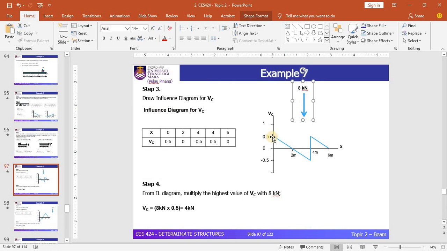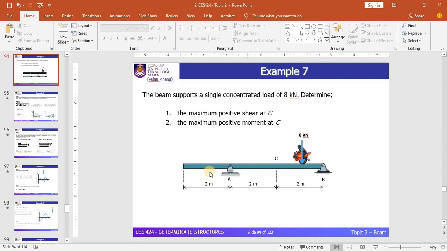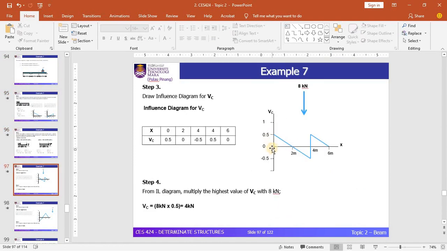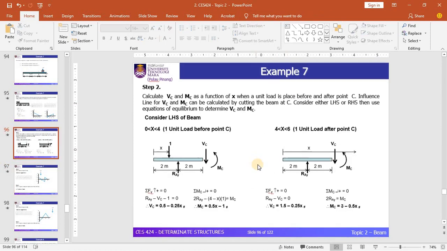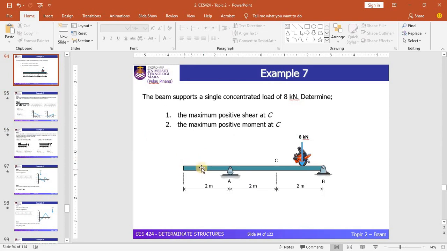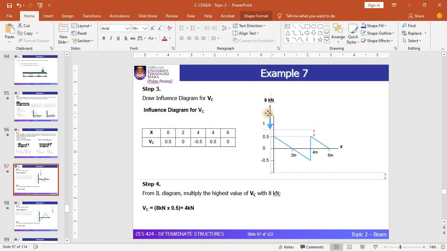There are two places: at this point and at this point, which is 6 meters from support A. This is the free end, and this is support B. Based on the ILD that we have developed, we have considered that X moves from the free end towards point B. By positioning the point load at this point or at this point, it will give the same value of maximum positive shear force.